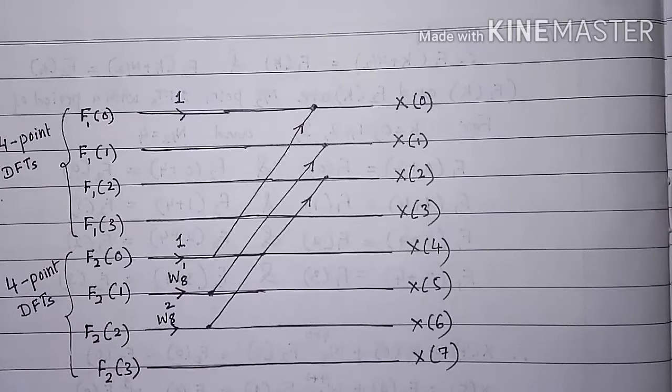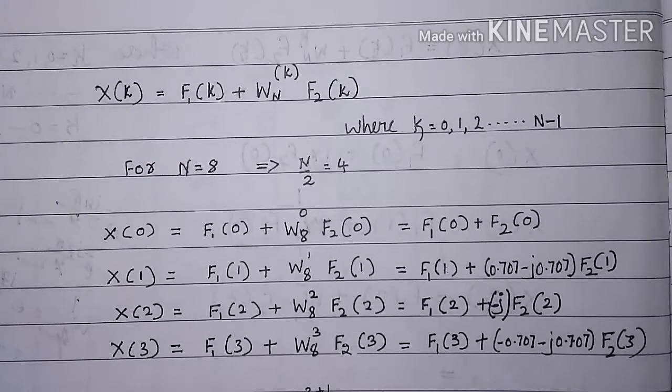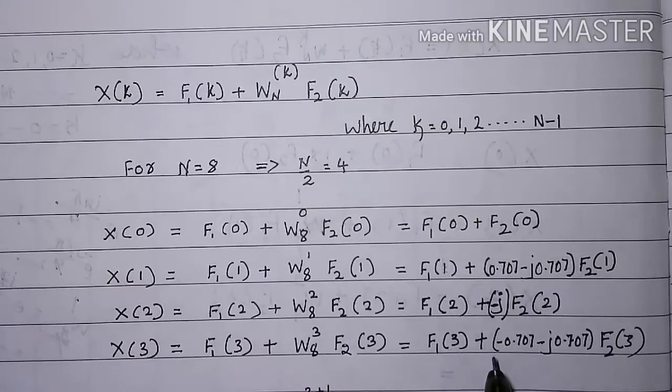Next we have to calculate x of 3. X of 3 is equal to f1 of 3 plus bracket minus 0.707 minus j 0.707 into f2 of 3. But this bracket here of complex number is w8 raised to 3.